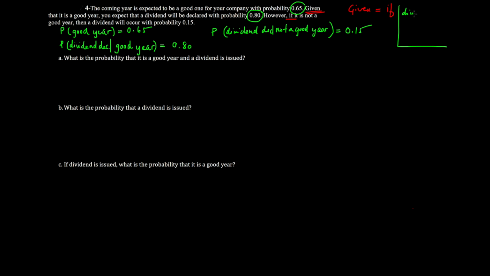So when a dividend is declared, we're going to call that D. A good year, we're going to call that Y. And a not good year, or bad year, let's just call it B for bad year. Okay, so just so we don't have to write all this out when we solve the problem.